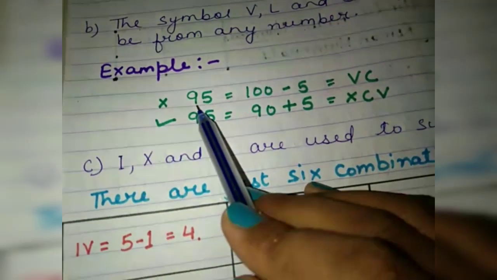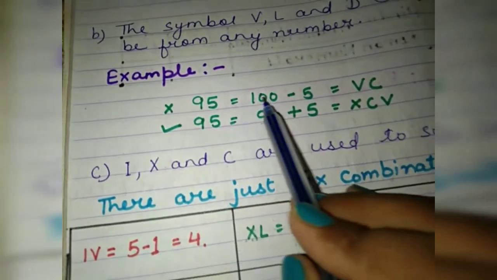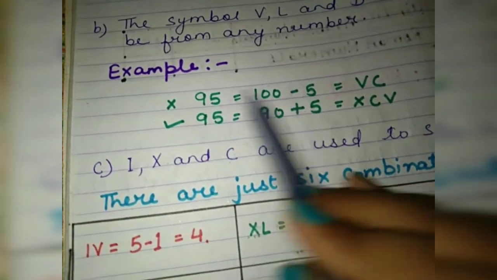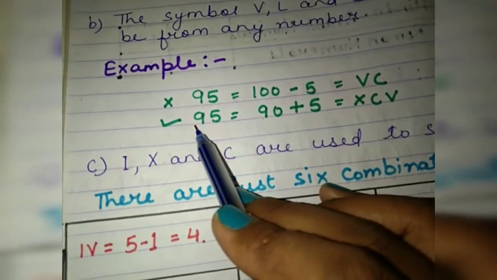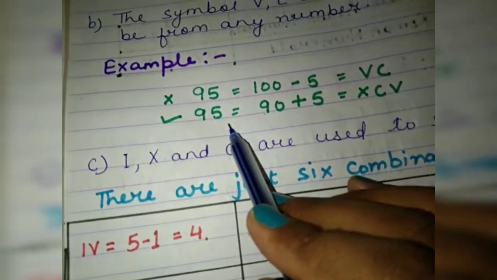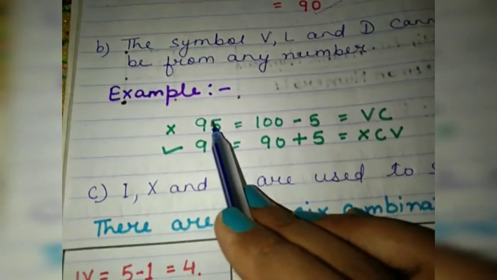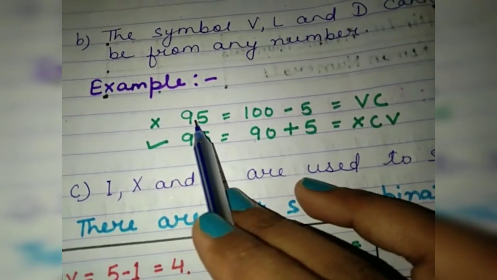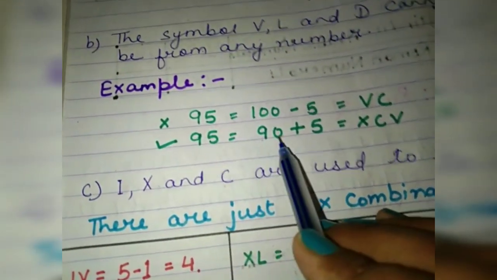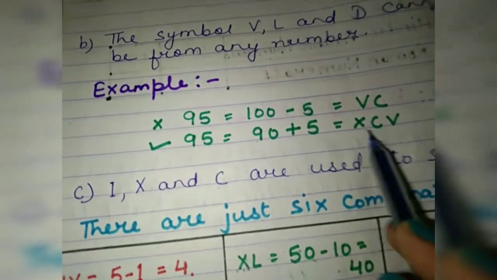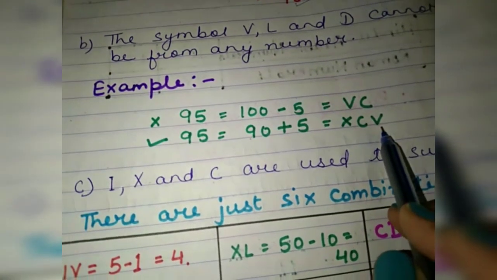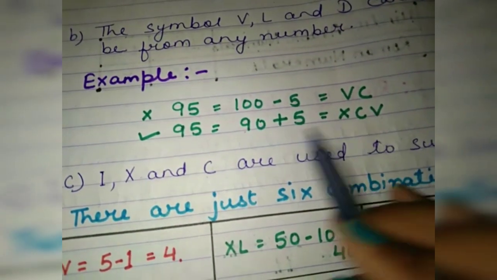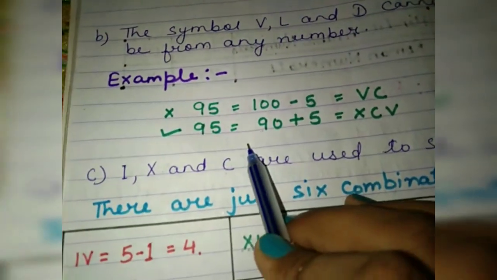Whenever we write 95, we don't use 100 minus 5; we always use 90 plus 5. So the correct way of writing 95 is 90 plus 5, or in Roman numerals X, C and V. So XCV is equal to 95.